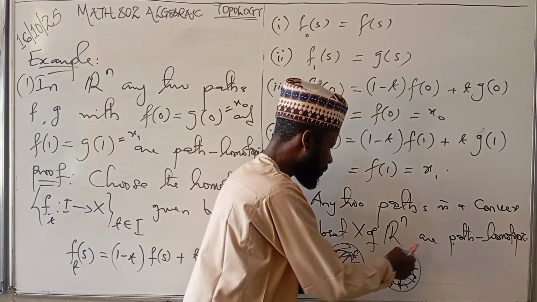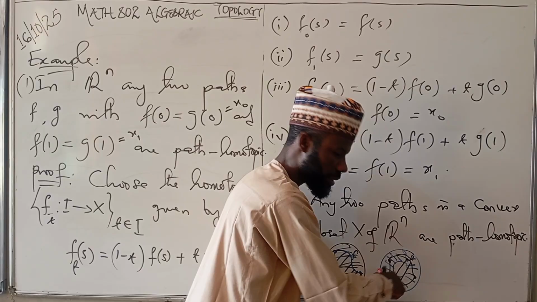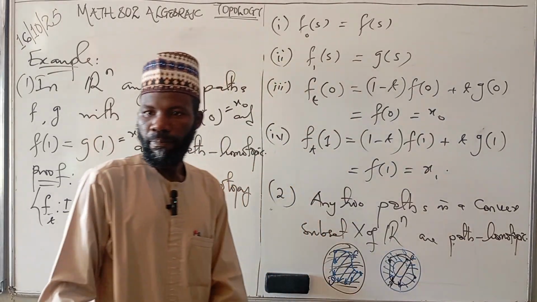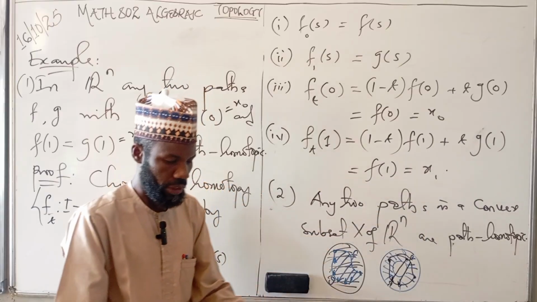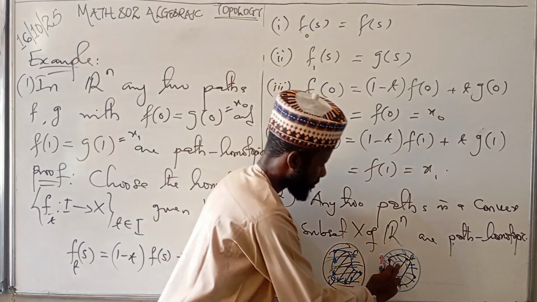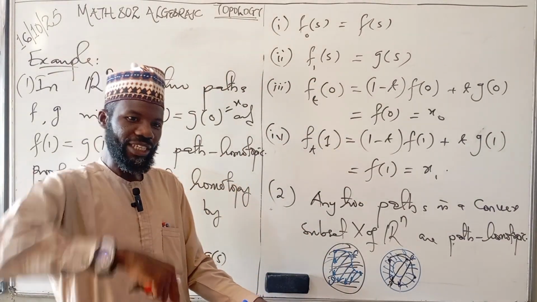So you would not be able to deform this path onto this one. So there is no homotopy from F to G here. If you try to drag it, you have to exit the space. At this point, you are out of the space, but the transformation should happen within the space.